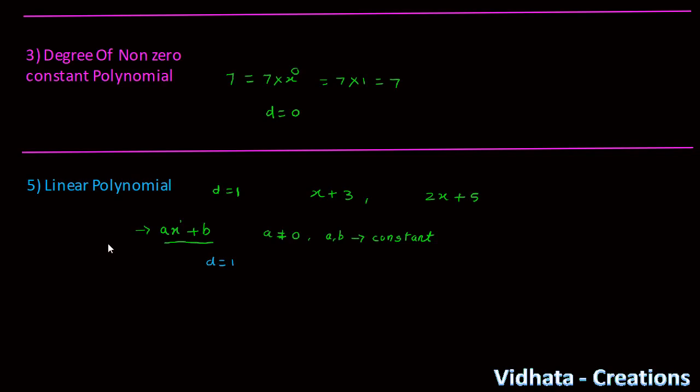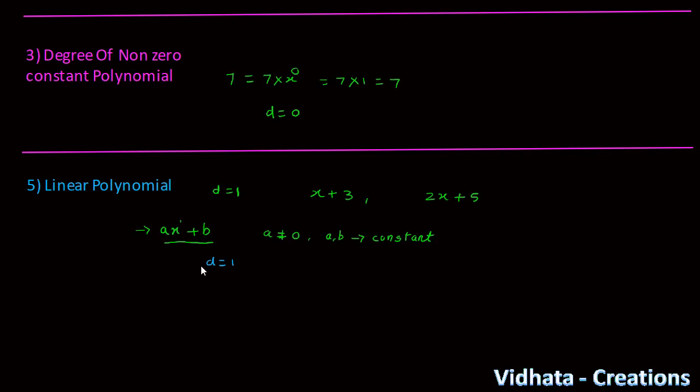And in case of a linear polynomial, it can have at most 2 terms. There is no linear polynomial in a single variable having more than 2 terms, or say 3 terms.